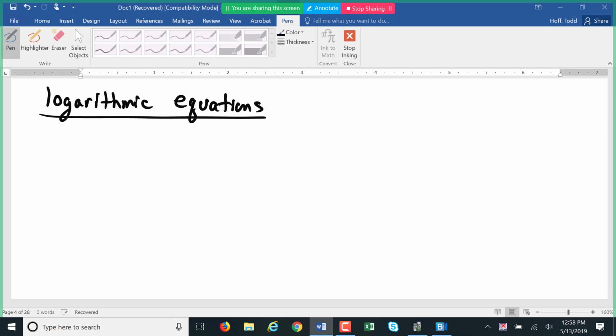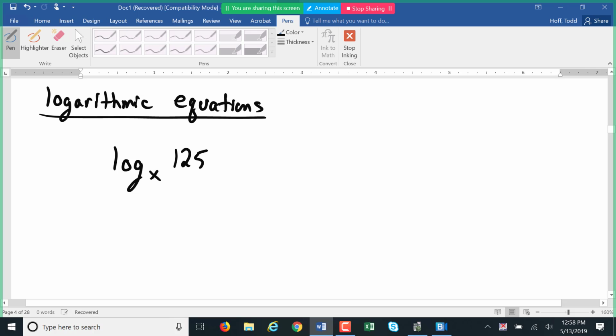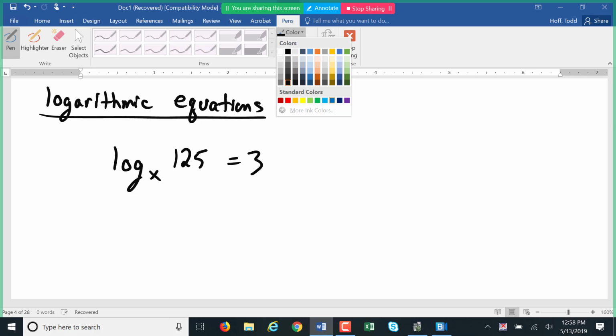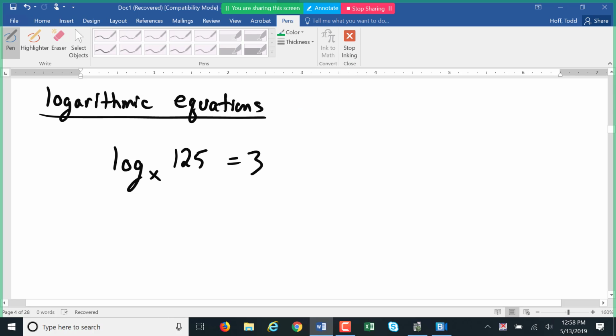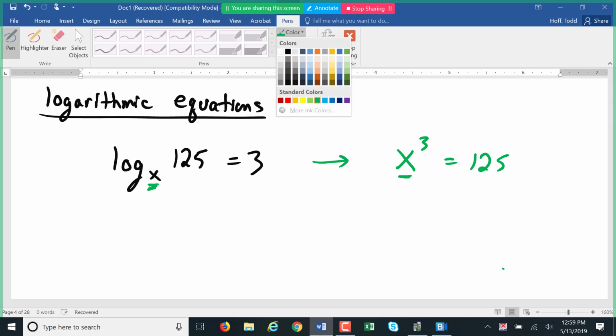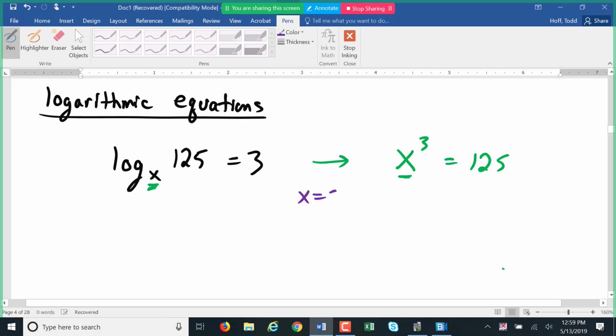But we can have a logarithmic equation like the basic ones of log base x of 125 equals 3. The way we've solved these so far is we turn them into their equivalent exponential equation. What is the exponential equation that's the equivalent of this? Yeah, x to the third power is 125. The base of the log is the base of the exponential. And from there you could figure out that x has to equal 5.